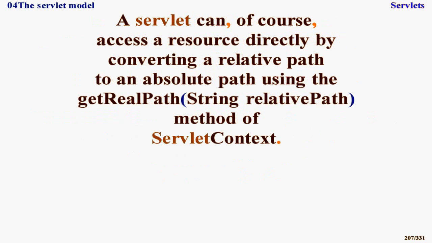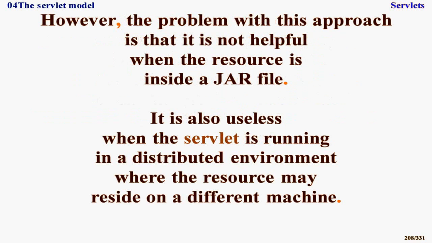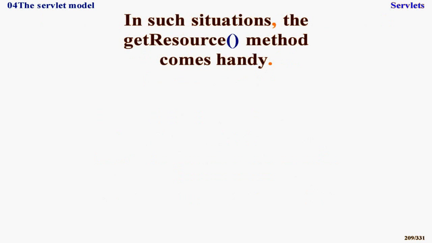A servlet can, of course, access a resource directly by converting a relative path to an absolute path using the getRealPath(String) method of ServletContext. However, the problem with this approach is that it is not helpful when the resource is inside a jar file. It is also useless when the servlet is running in a distributed environment where the resource may reside on a different machine. In such situations, the getResource method comes in handy.